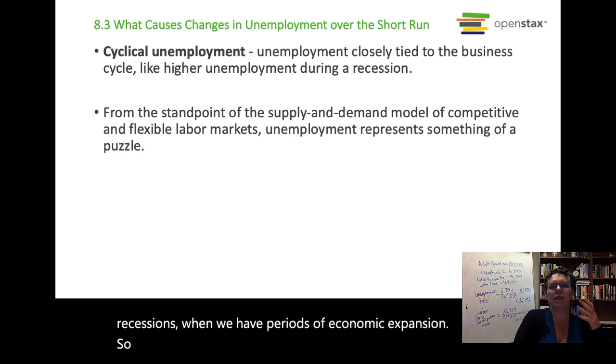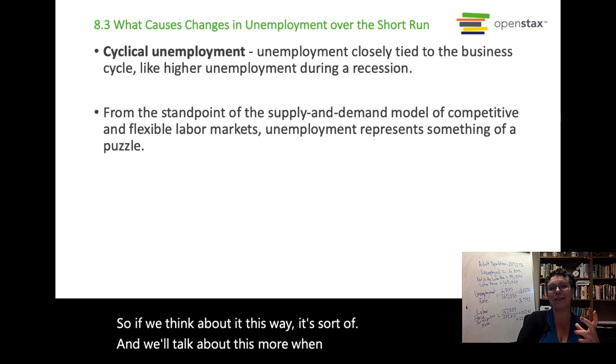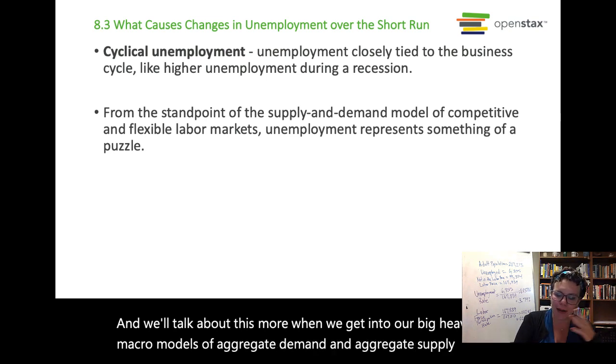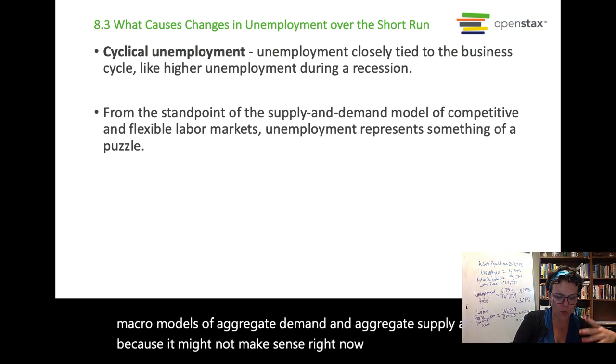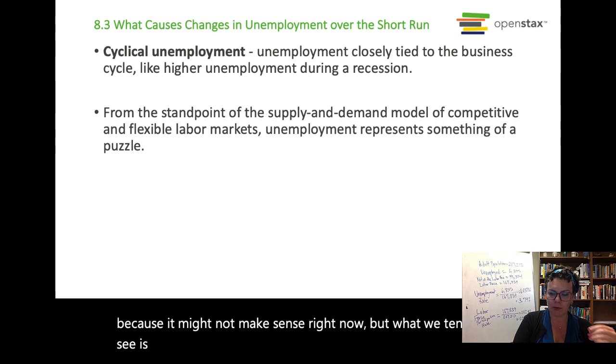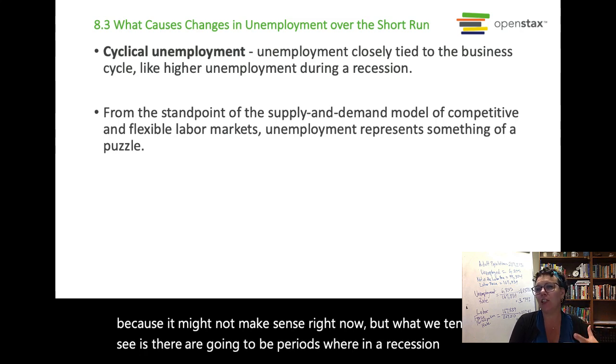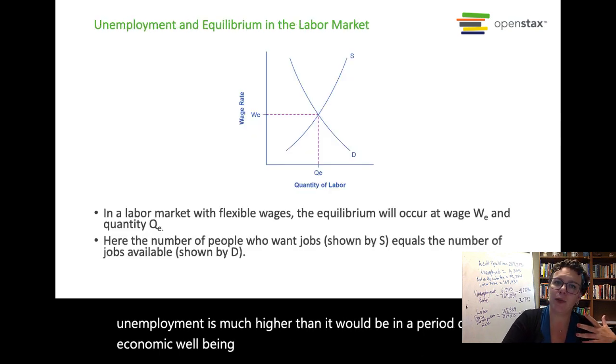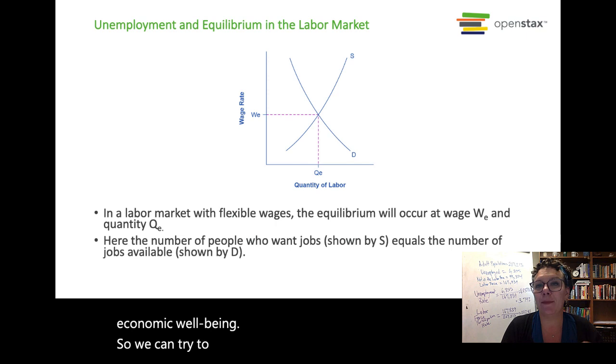So if we think about it this way, and we'll talk about this more when we get into our big, heavy macro models of aggregate demand and aggregate supply, because it might not make sense right now, what we tend to see is there are going to be periods where in a recession, unemployment is much higher than it would be in a period of economic well-being. So we can try to use our labor market model to help us understand that.